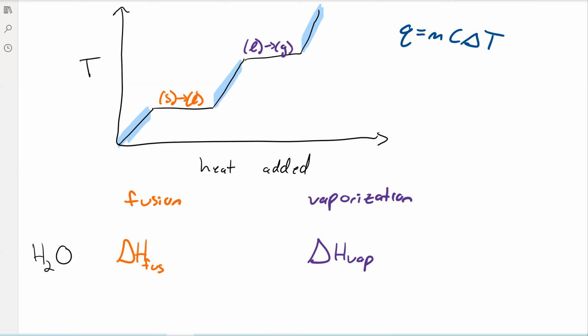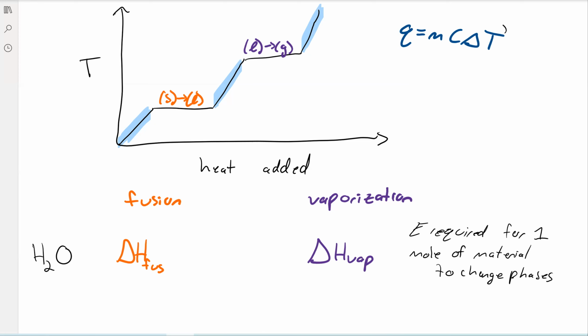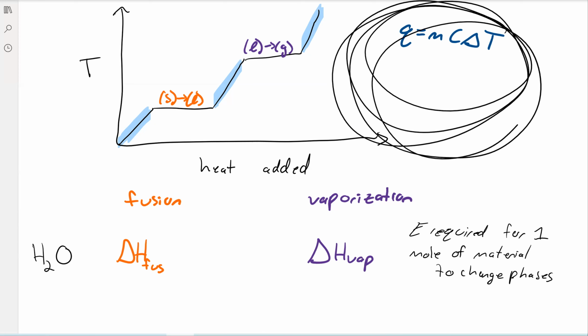And these delta H's, what they mean is it's the energy required, for, in this case, 1 mole of material to change phases, right?